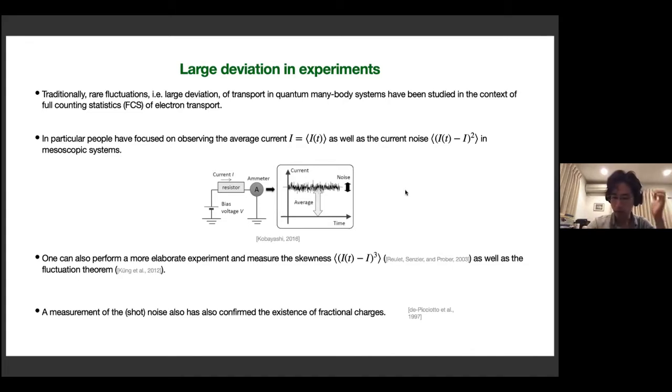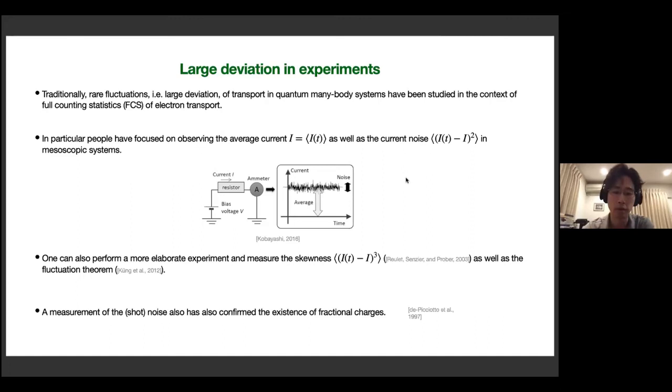Before giving you some theoretical aspects of it, let me just remind you of how large deviation or full counting statistics, if you wish, has been experimentally studied in the past decades. So full counting statistics, which is about the statistics of transport, not only about the average current, but including variance, the second cumulant, noise if you like, third cumulant, and all these higher cumulants associated to transport, have been studied experimentally, and particularly in the context of electron transport.